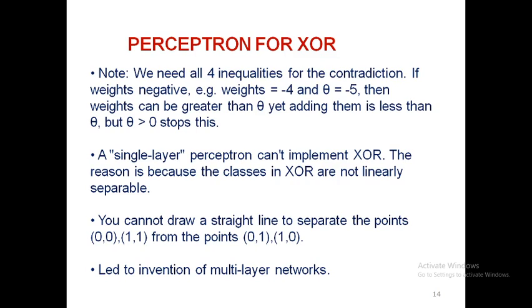You cannot draw a straight line to separate the points 0,0 and 1,1 which are in the non-fire range from the points 0,1 and 1,0. It is impossible to draw a single line between these two sets of points. That's why people have invented multi-layer perceptron networks or multi-layer networks.